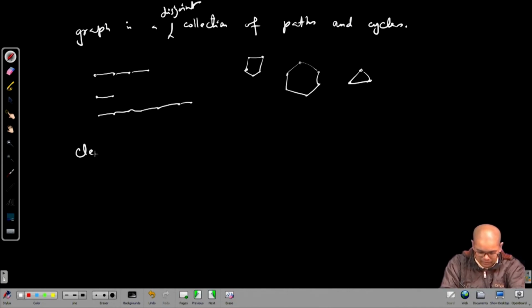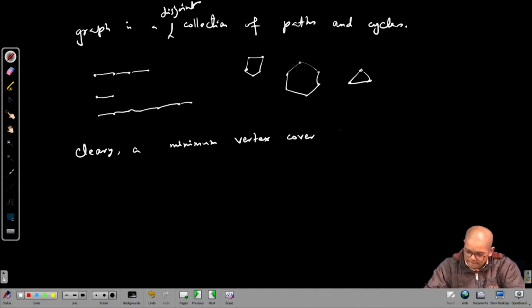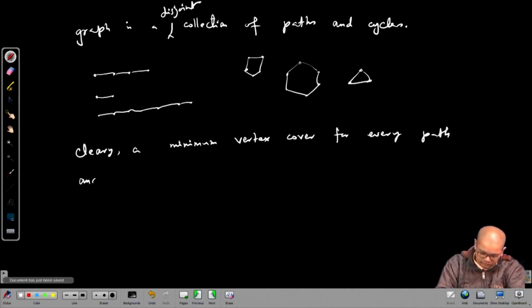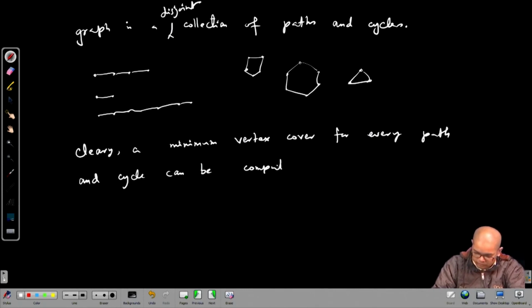Now clearly the minimum vertex cover for every path and cycle can be computed in polynomial time.